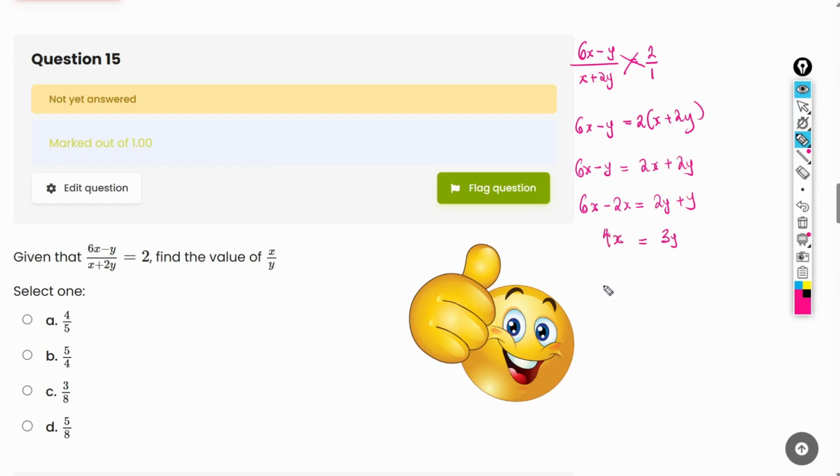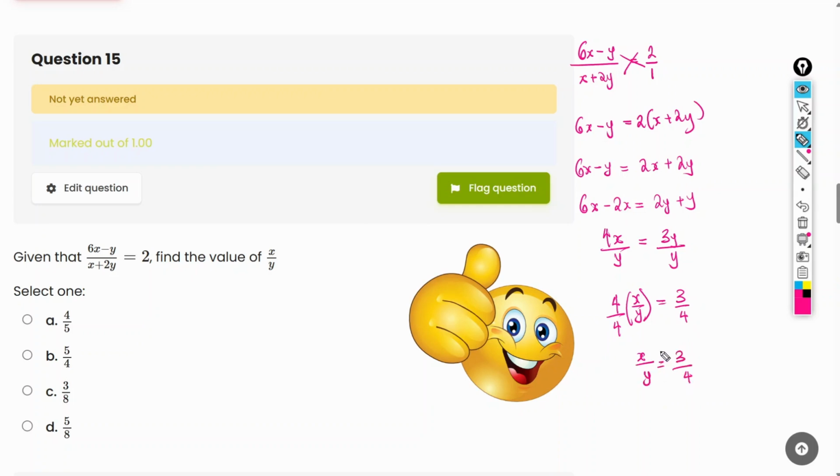Now we are asked to set up x over y. So I can divide both sides by y. Then 4 times x over y is equal to 3. Divide both sides by 4, so x over y is equal to 3 out of 4.